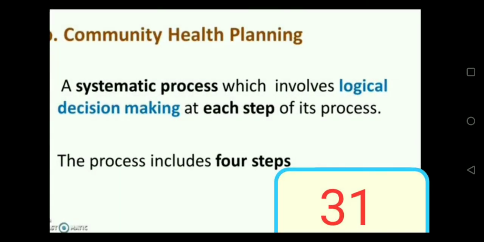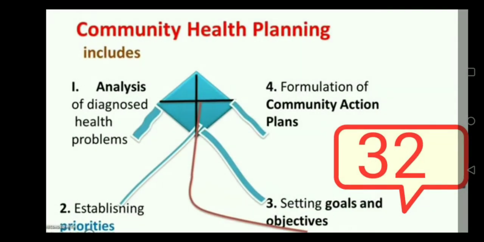Community health planning is a systematic process which involves logical decision making at each step of its process. There are 4 steps. First one is analysis, second is establishing the priorities, third is setting goals and objectives, and fourth is formulating community action plans.